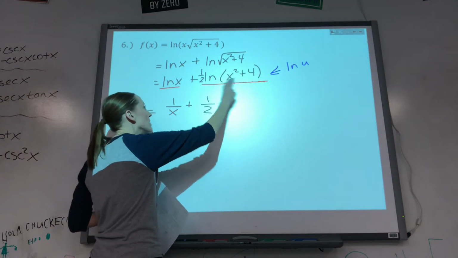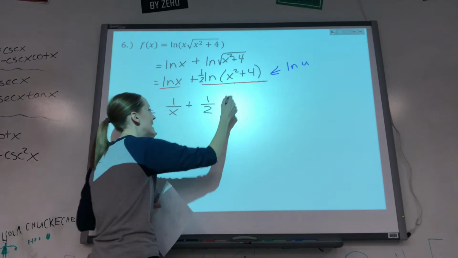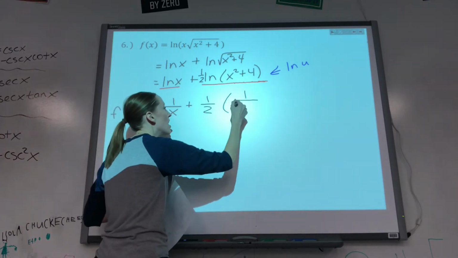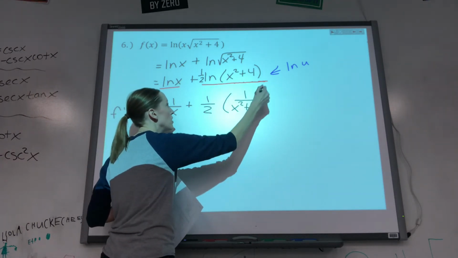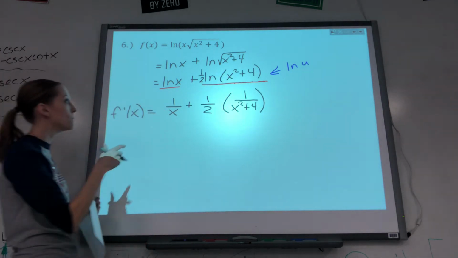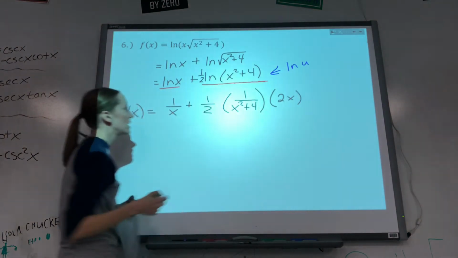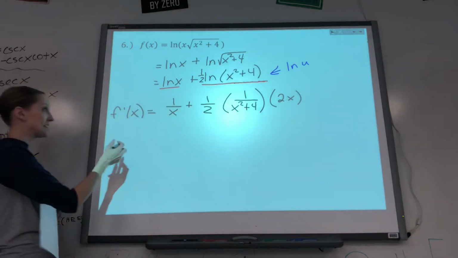And now I'll start with this natural log of u business. I'm going to take 1 over u, which now the u is just x squared plus 4, times the derivative of u, which is 2x.